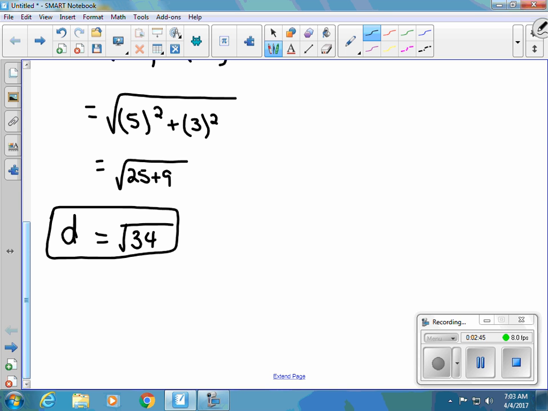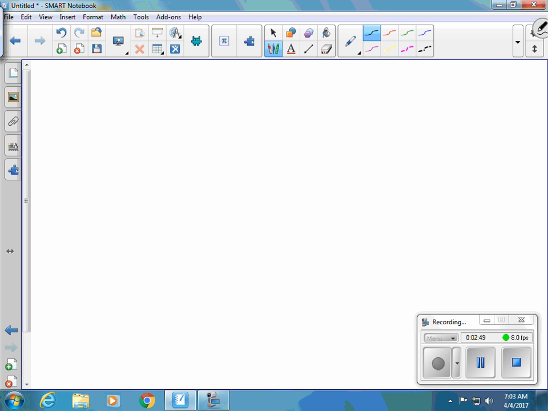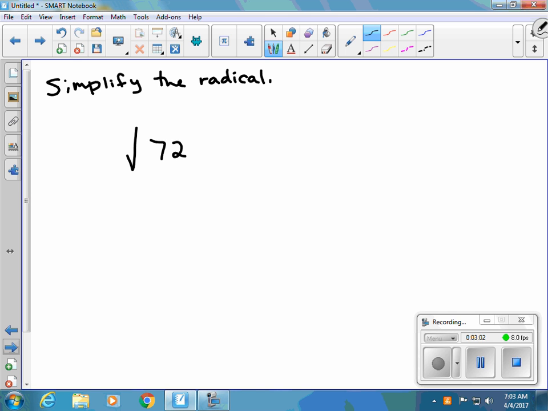So like I was saying with the simplification of radicals, we might just want to go through a brief one here as a refresher. So let's say I have the square root of 72.